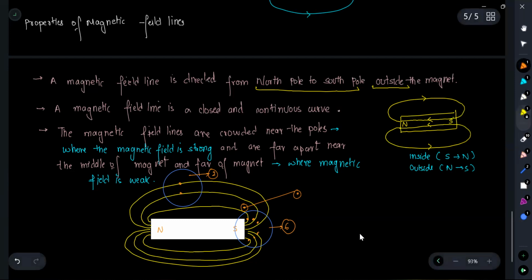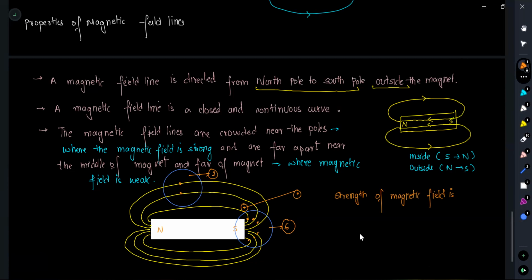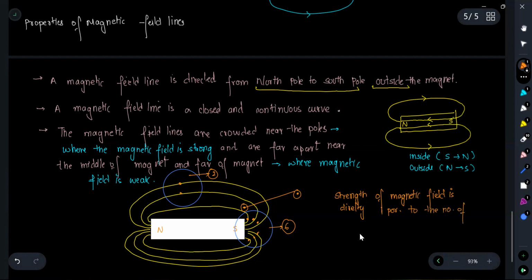And strength of magnetic field या फिर ऐसे लिख सकते हैं, the strength of magnetic field is directly proportional to the number of magnetic field lines in a given area.